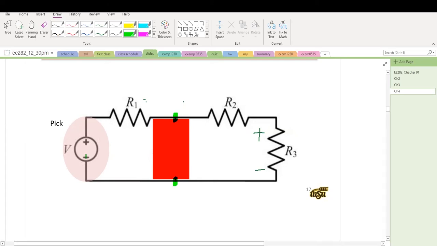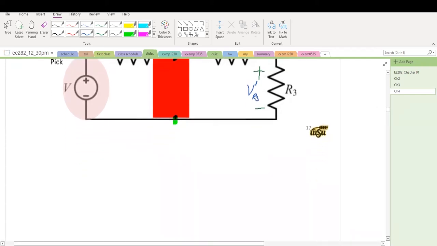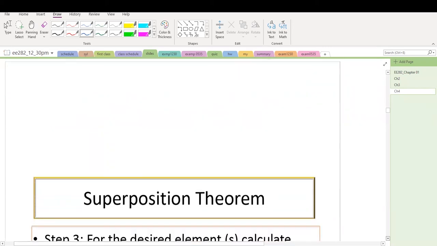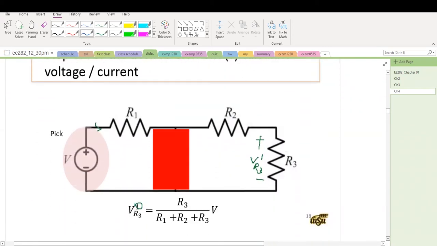Now this circuit only contains one independent source, the voltage source. Then VR31, that's part 1, is easy. We obtain the current flowing in this loop because all the resistors are in series connection.